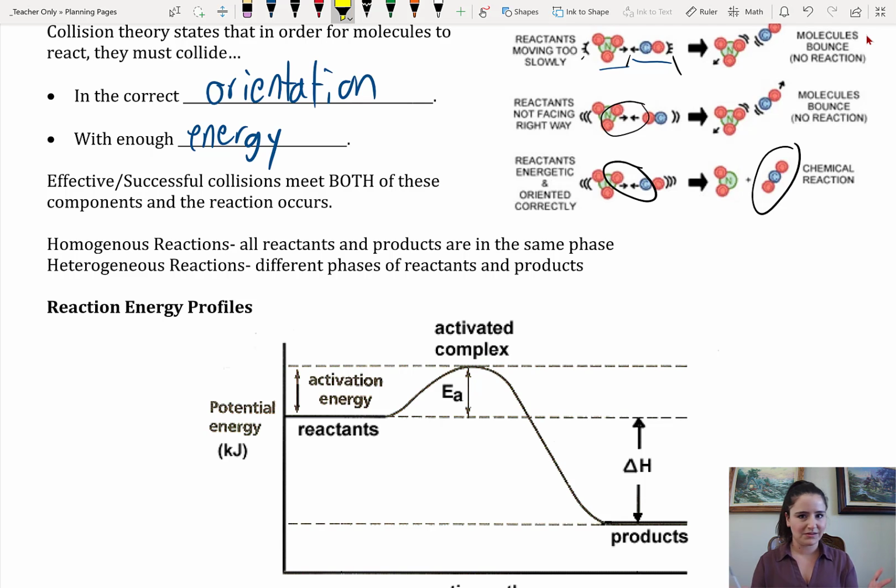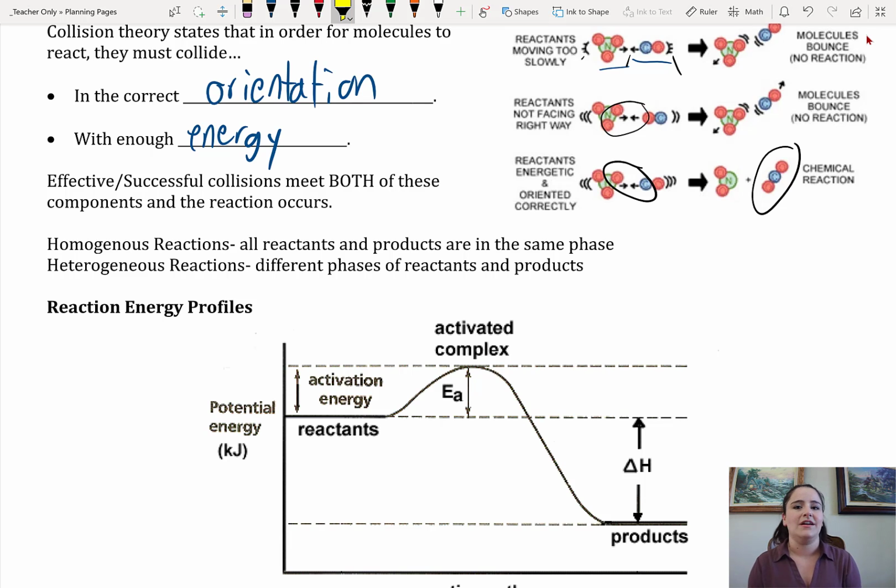If all the reactants and products are in the same phase, then it's just those collision theories. But if you have different phases, say you have a solid on the bottom and a gas reacting, well, that does affect it because now only certain molecules have surface available for those collisions to take place. So those will also be talked about, okay?